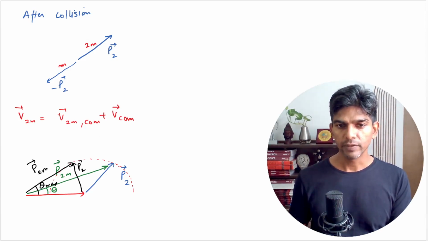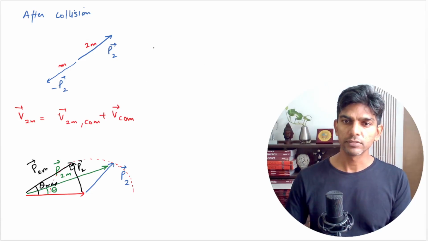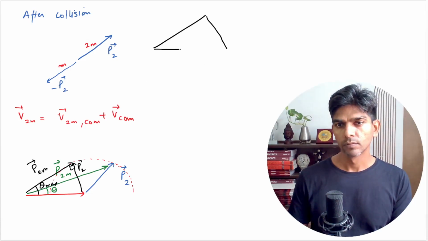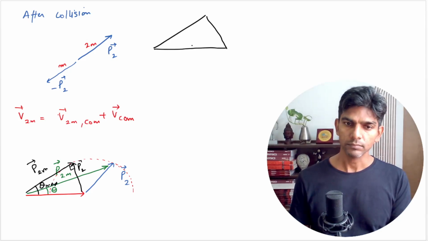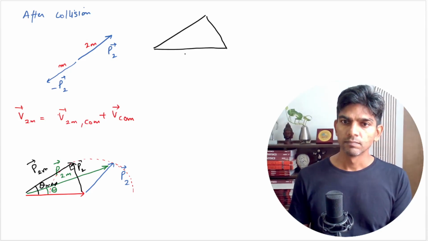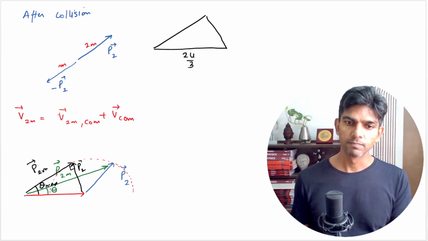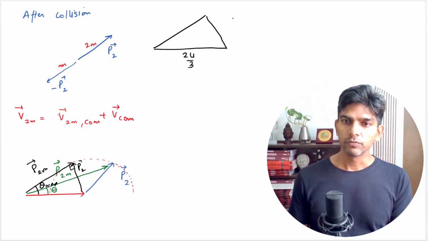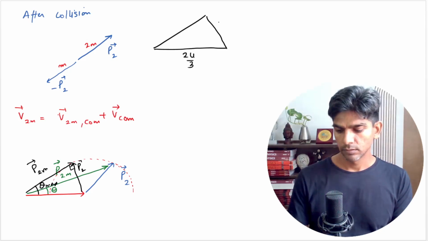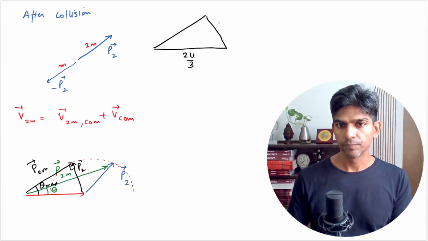So now basically we have a right angle triangle. So let me redraw this. So this will be 2u by 3, that is the velocity of center of mass. Then we have the new velocity and its magnitude will be the same, so it will be u by 3 only.